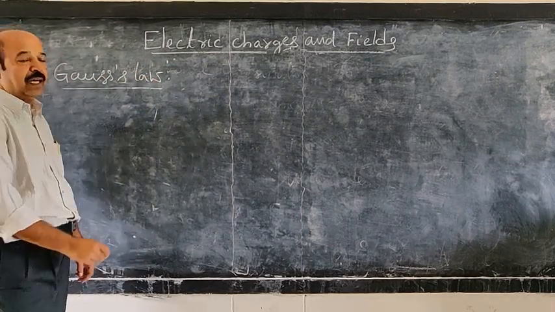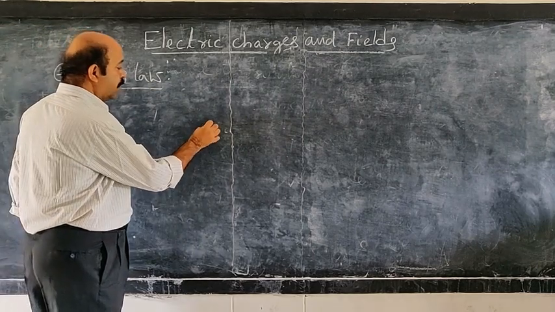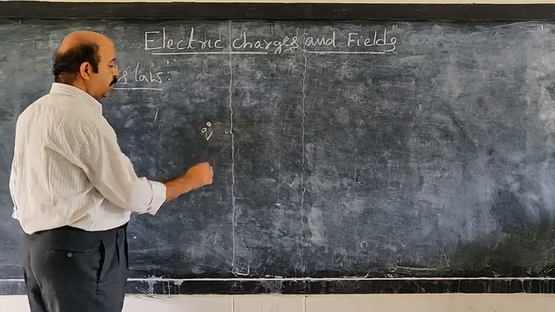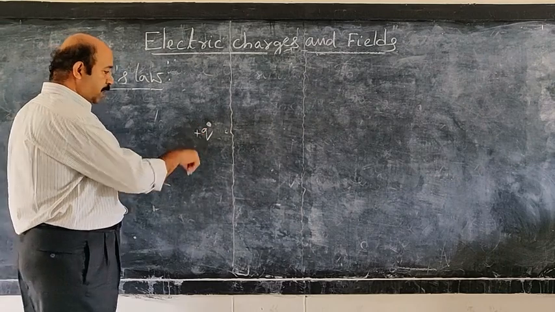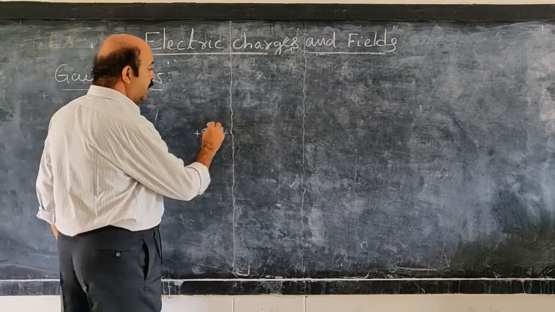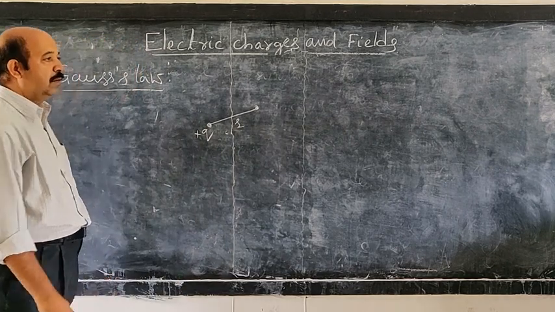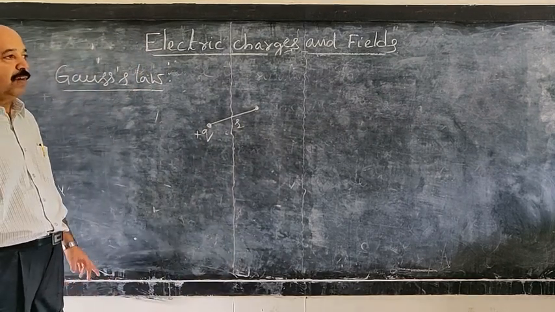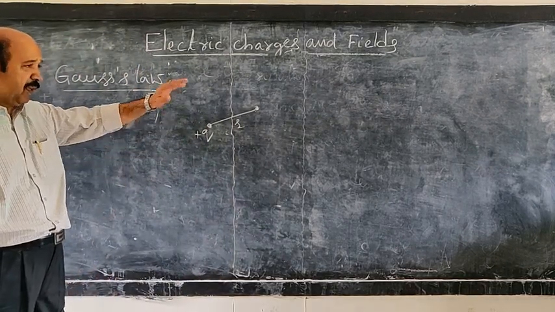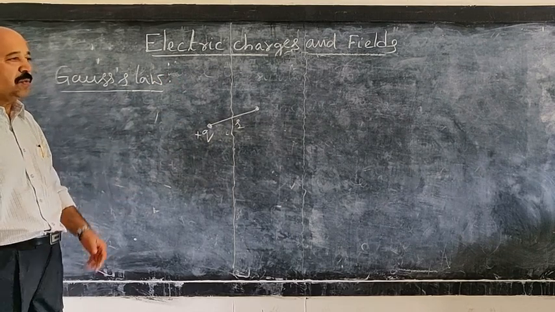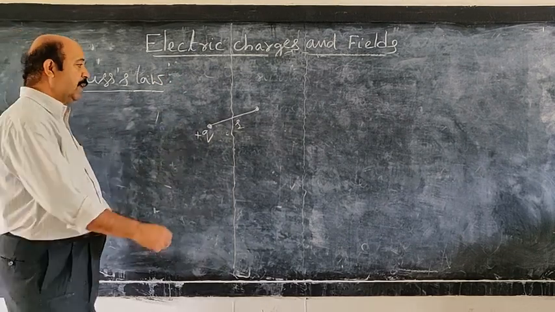Let us consider a point charge Q, and let it be some plus Q. At a distance R, I wanted to find out the electric field. So you can use Coulomb's inverse square law.